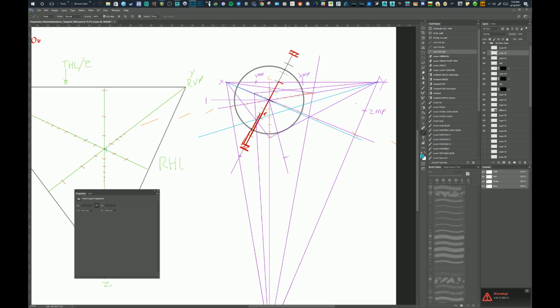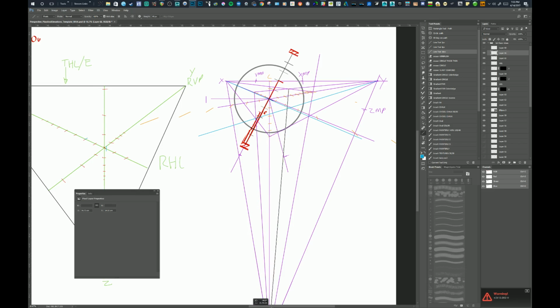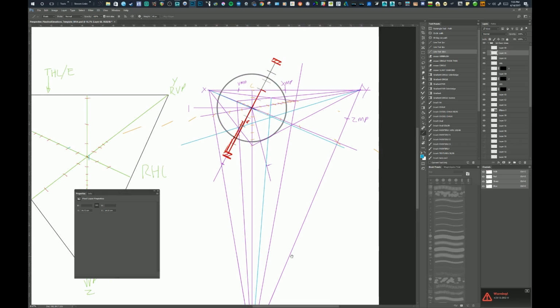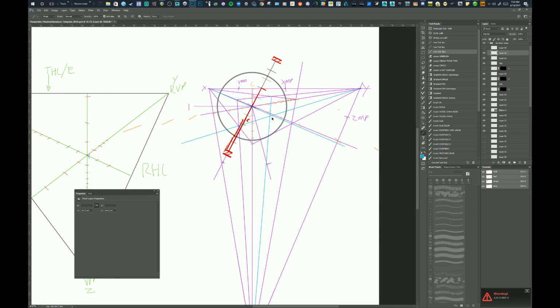Right? And then if we go from this corner down, it should meet in that same area, which it's not. It's slightly off. Oh, because I didn't make it there. It's not correct. Right there, bam.